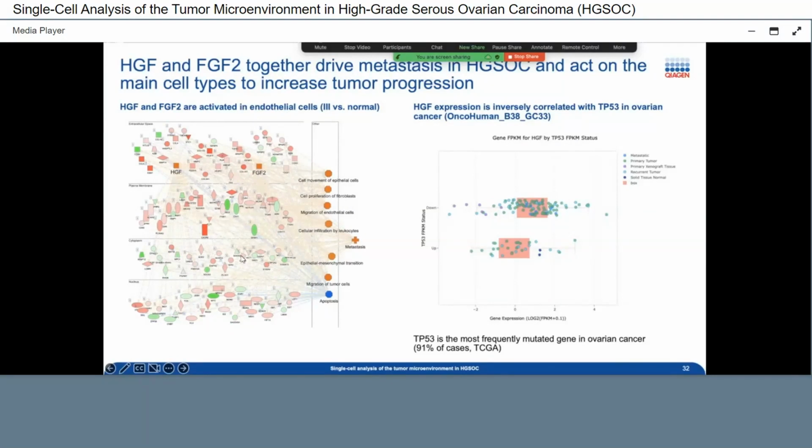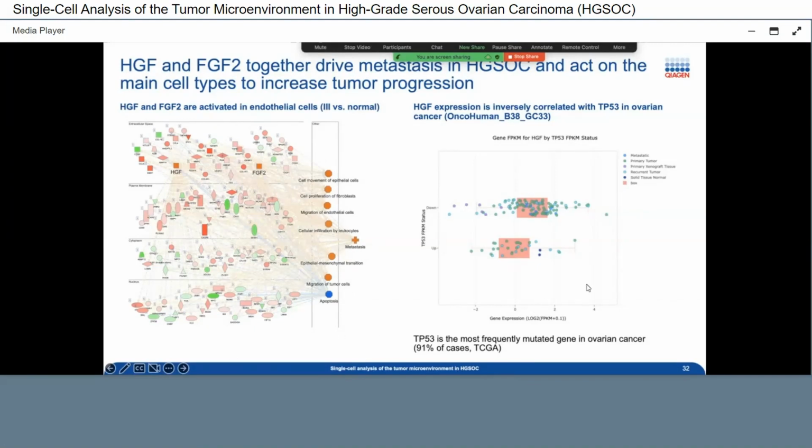Remember, the comparison that I've shown here at the beginning was endothelial cells, and you can get information for other types of cells, including cellular infiltration by leukocytes. You promote EMT, you promote metastasis. Generally, you promote migration of tumor cells, and you decrease apoptosis. Very important information you have with these two growth factors.